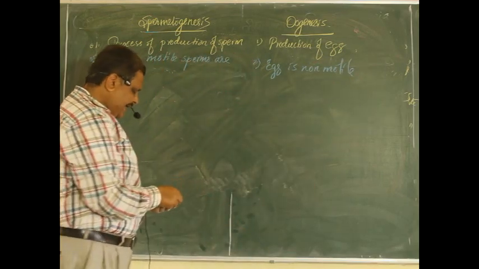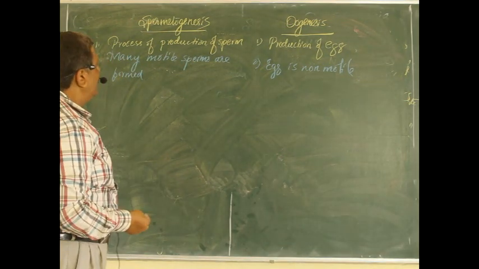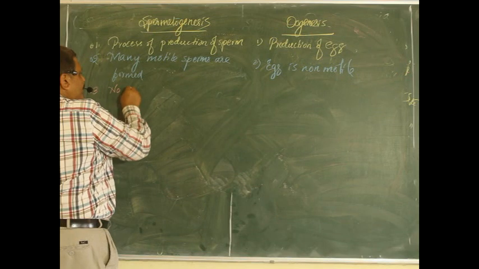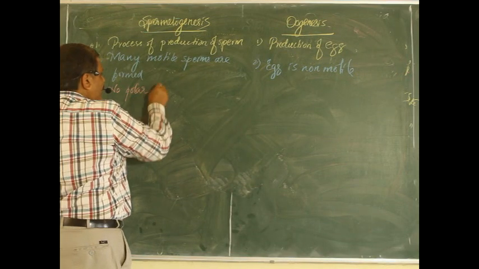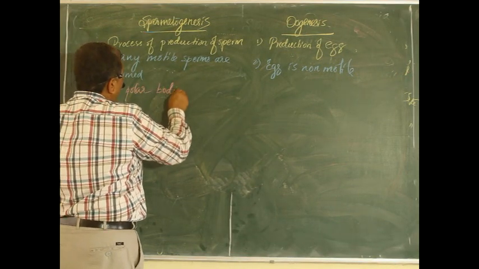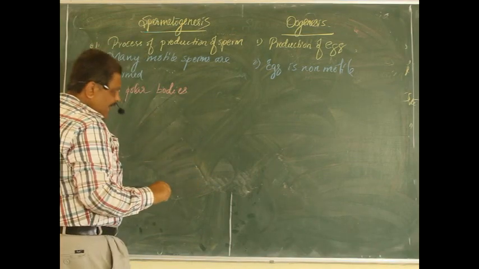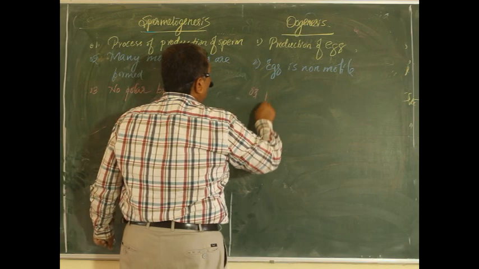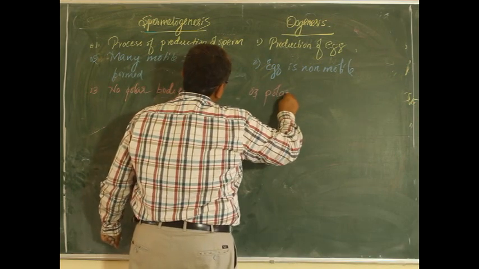The next difference is: no polar bodies are formed in spermatogenesis, while here polar bodies are formed.